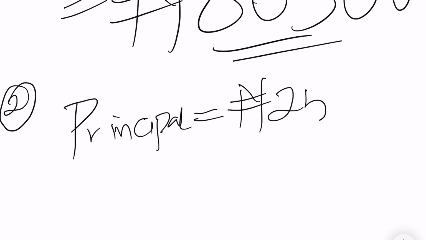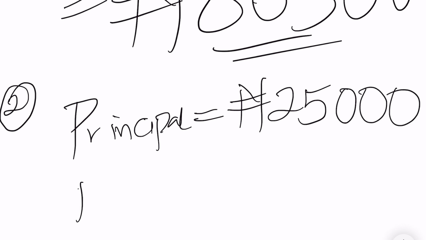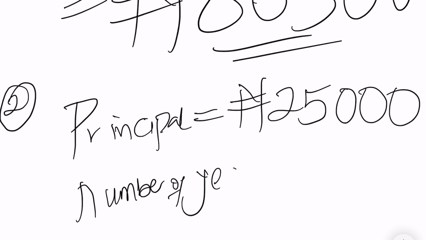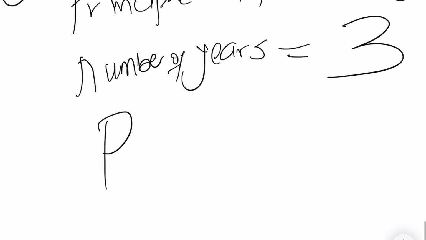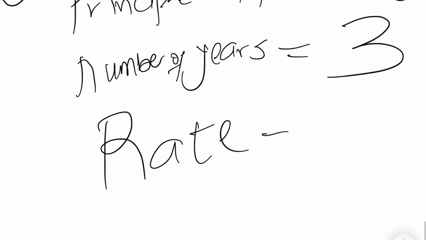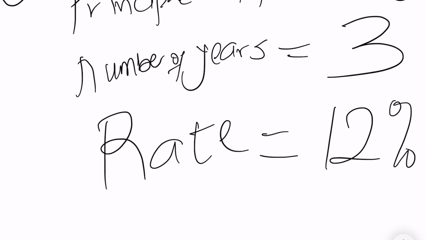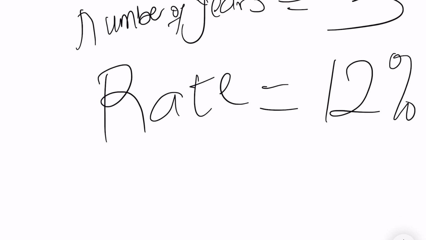So our principal, which is the fixed deposit, is 25,000 naira, the number of years is 3, and the rate is 12%.